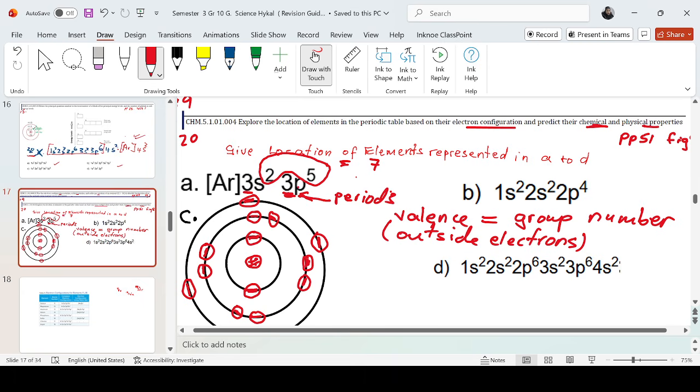But because there is a P, I add 10. The group is 17. So this element is in group 17, period number 3. If there is an S and P in the last level, you add 10. What is the period? Period number 2. This one is period 2.